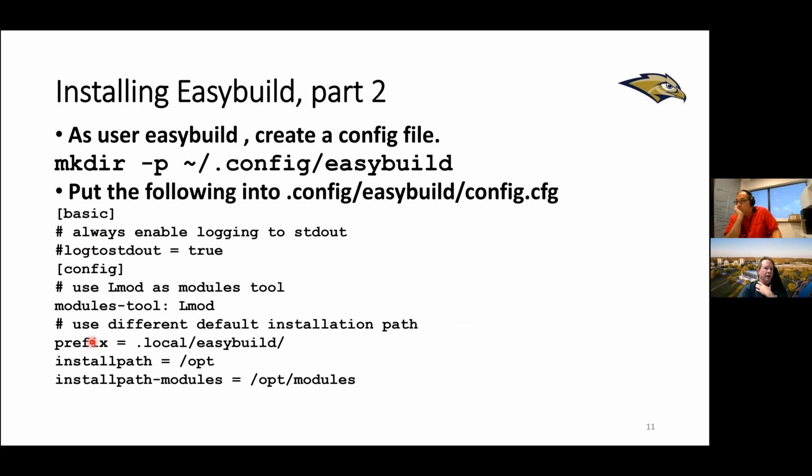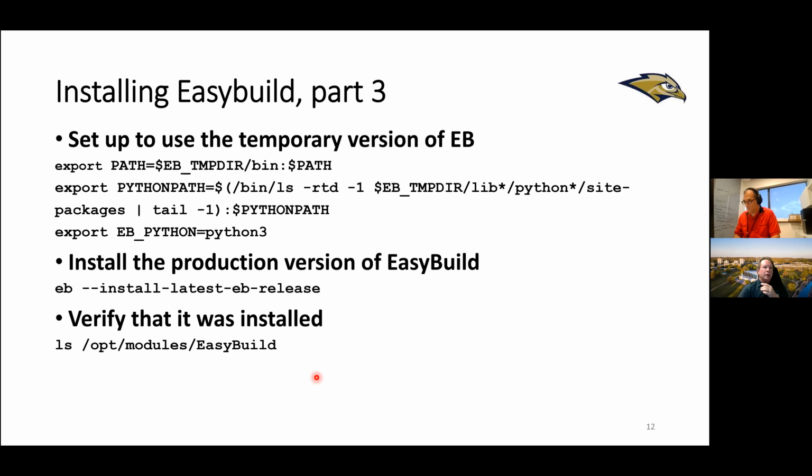Our prefix for actually building the applications, the applications are built in the user easy build's directory .local/easybuild. Our install path gets set up to be /opt, and our install path modules is going to be found in /opt/modules. So that simple config file adopts the directory hierarchy that we have set up already with the creation of those files and directories.